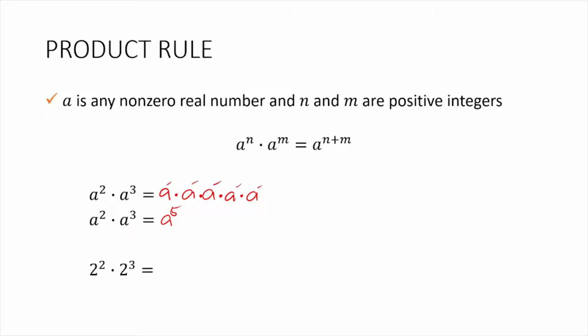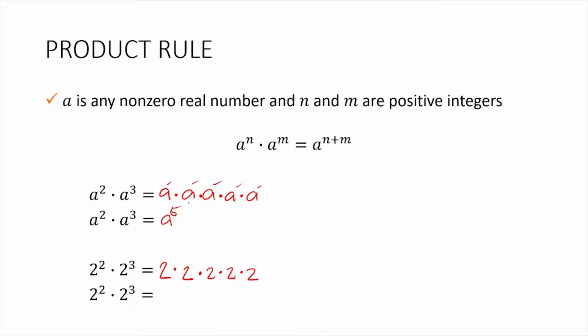So let's say 2 squared times 2 cubed. This is obviously equivalent to 2 raised to the power of 5. But again, 2 times 2 is the first factor, 2 squared, so 2 2's as factors, and then we multiply this by 3 2's: 1, 2, and then 3.